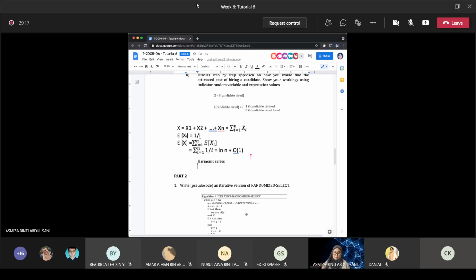That is why I don't go in depth into how the analysis is done, but I think there's a video by an MIT lecturer. Maybe I will share that one in case you want to follow through what happens when you use the IRV in analyzing randomized select. But bear in mind there's a possibility of not having just occurring or not occurring; maybe there's a value for each event that may occur in your problems.